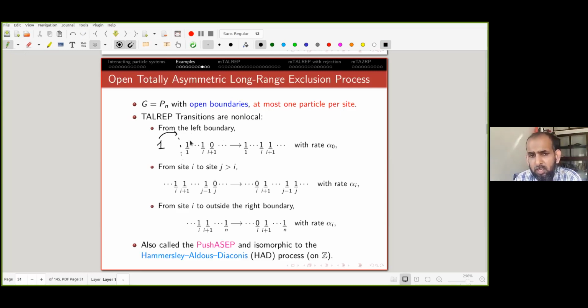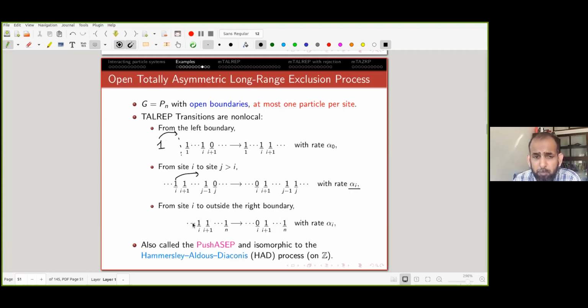So it can't go at site 1, it can't go up to some site, let's say I. So it will go to the first available site, which in this case is I+1, and you get this configuration. If the first site were empty, it would just go there. Now, suppose there is a particle at site I, then it will move right and find the first available site J, which is vacant, and it will go sit there. So this is the transition with rate alpha I.